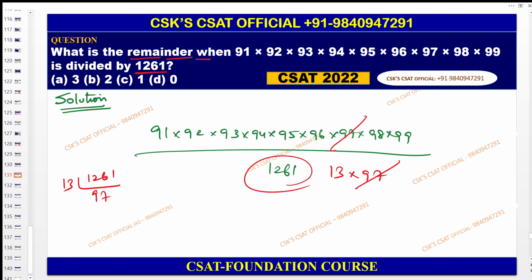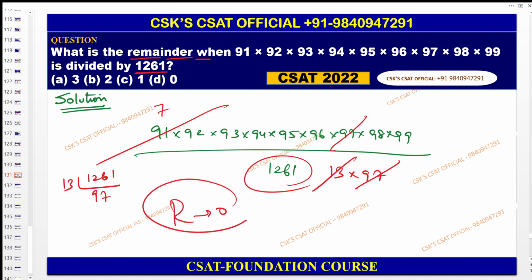So here we are going to check whether the 13 is completely divisible here. So check here, 13 divides 91 completely, right? So how many times here? 13 7 times. So therefore completely vanishes. Completely vanishes means what would be the remainder? 0. Remainder is 0. That's it. Understood?